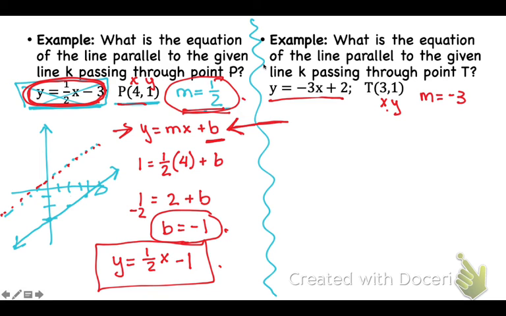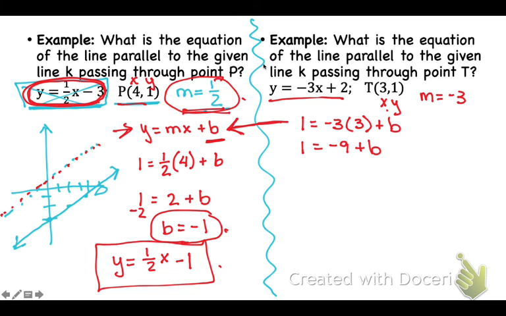So y, 1, equals m, -3, x, 3, plus b. So that gives me 1 equals -9 plus b.